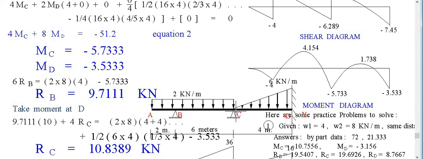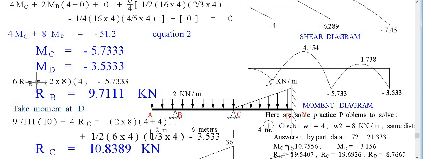Then, since there is a moment at C, this is opposite with the direction of the uniform load. The moment at C is negative, opposite with the uniform load.